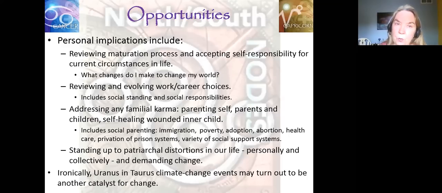So we all are doing this on a personal level, and everything we do personally for ourselves then energetically is involved in how we change it on a collective level. I think I already talked about the Saturn climate events probably being one of those cataclysms with evolution that then forces all of these Capricorn realities to wake up because we have no other choice.